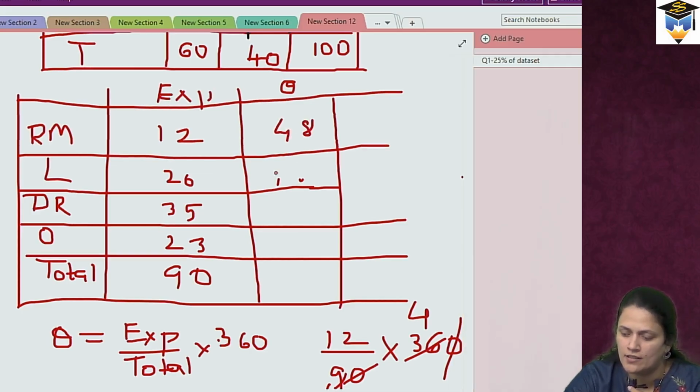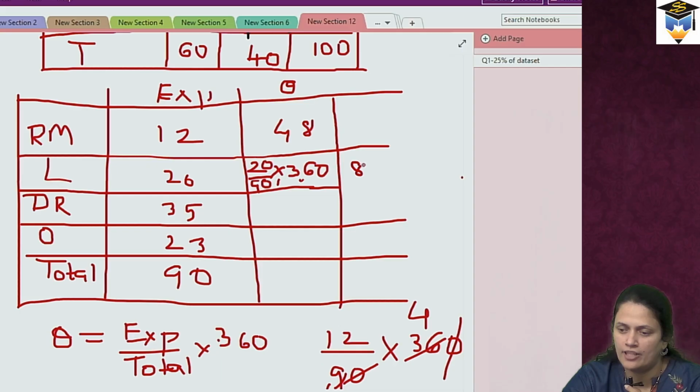Next is 20 upon 90 into 360. What is the answer? 80. I will write the answer over here. Next, 35 upon 90 into 360. 140.